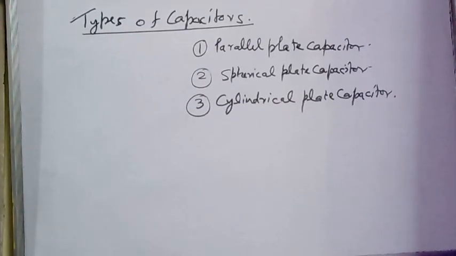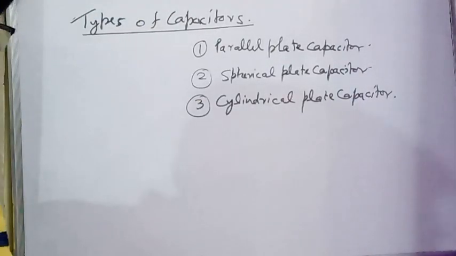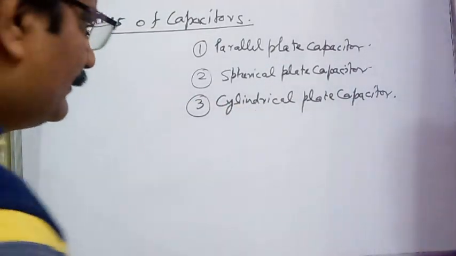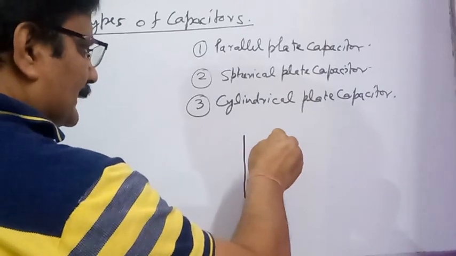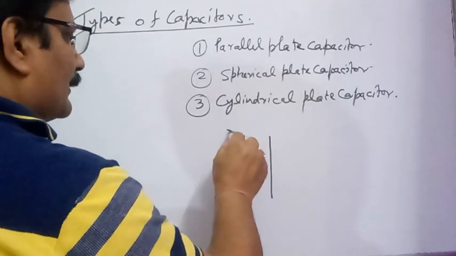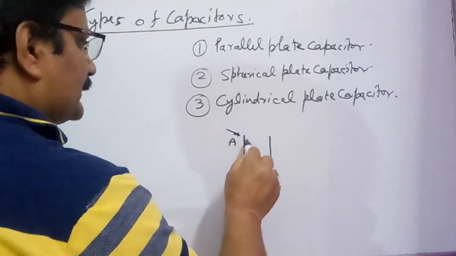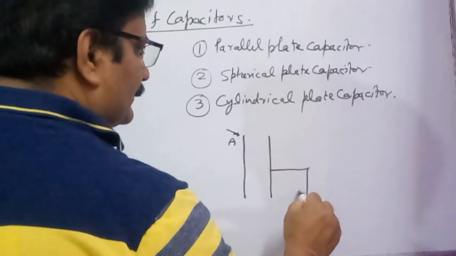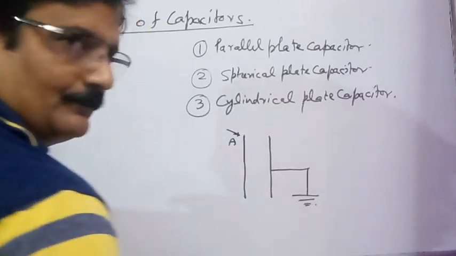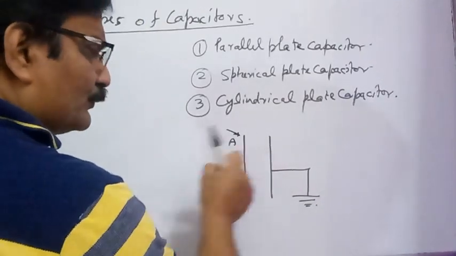Students, as you have seen in the previous part of the video, to make a capacitor, two conductors are necessary. One of the conductors stores the charge given to the capacitor, and the other conductor is connected to the earth. The conductors are placed very close to each other.